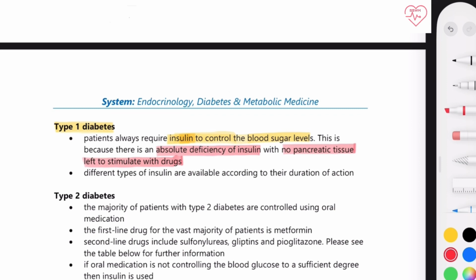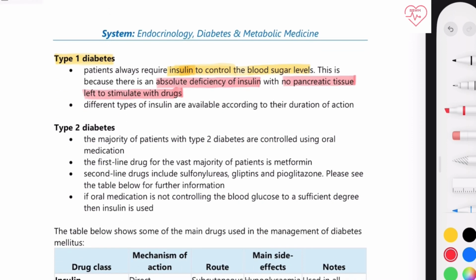Let me tell you in a very simple manner. You have to give insulin to control the blood sugar levels, because there is an absolute deficiency of insulin. There is no pancreatic tissue left which can be stimulated with drugs. Different types of insulin are available according to their duration of action.